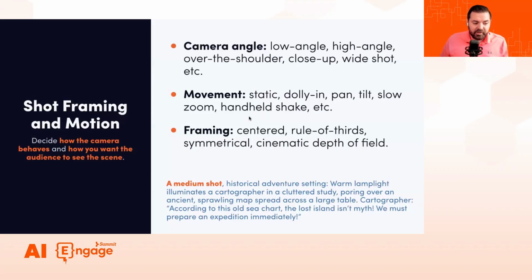And then if there is any movement, think of static, or slowly moving in, or tilting, or a slow zoom, or maybe a handheld shake. And the framing is part of that as well. Is it centered? Is it rule of thirds? Does it have a cinematic depth of field, for example? If you leave these out, the model will still use them, but it will make up its own. It'll just pick something and make up its own mind around all of these.